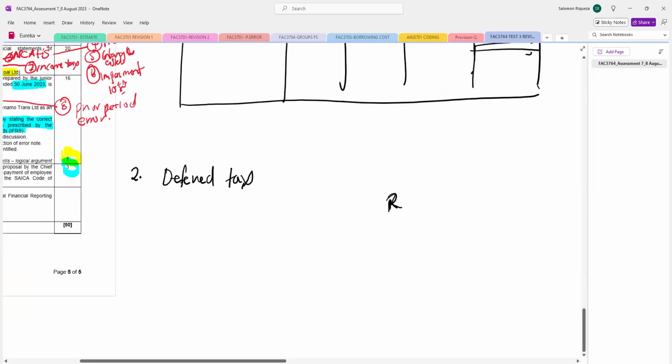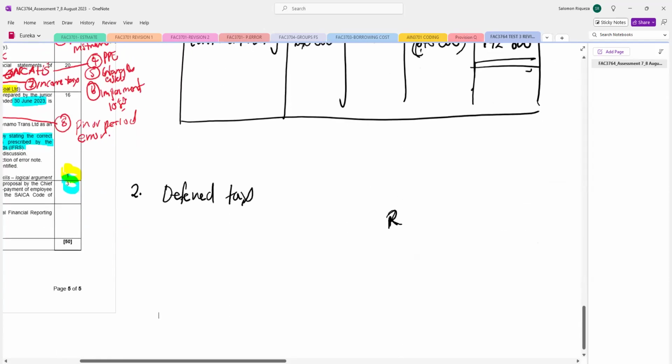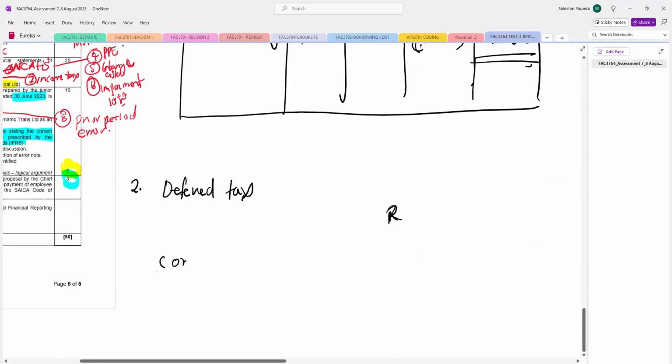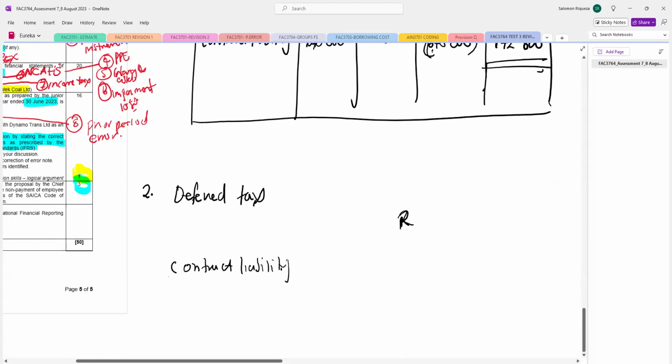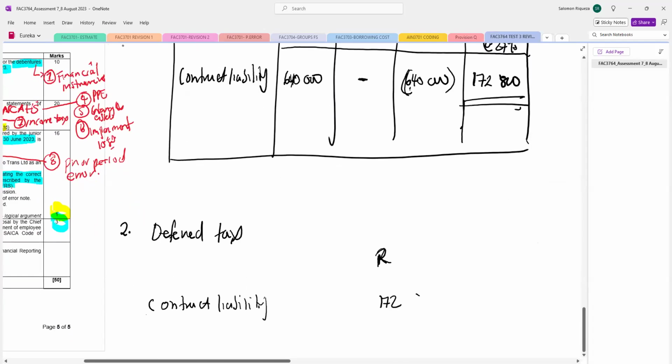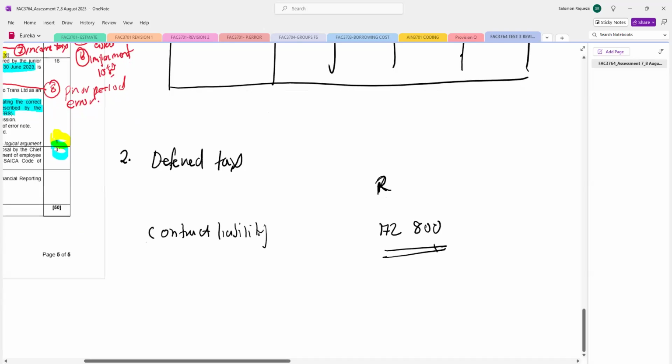And then we list our items. What is this one called? Contract liability. And there we are. We had 172,800, which is an asset. Okay, and then we sort it. There isn't much that needed to go there. All right, so that was the deferred tax.